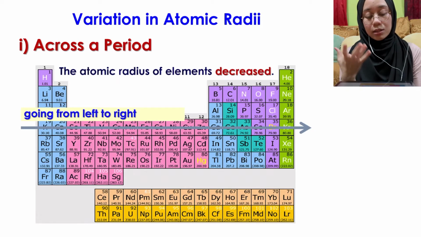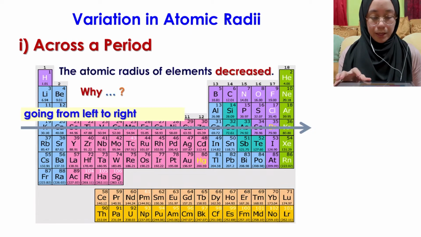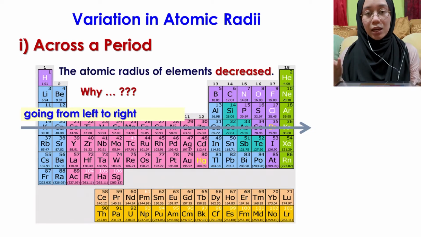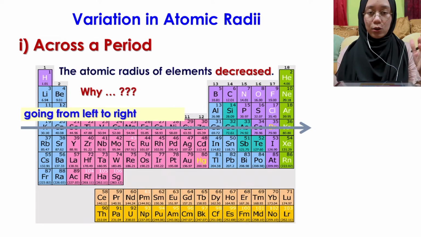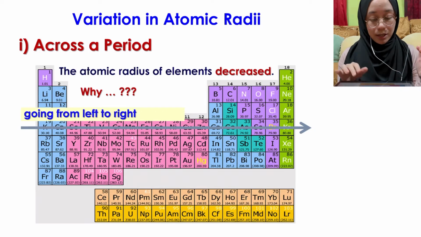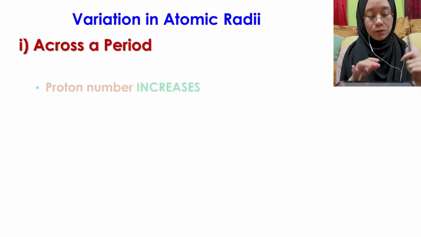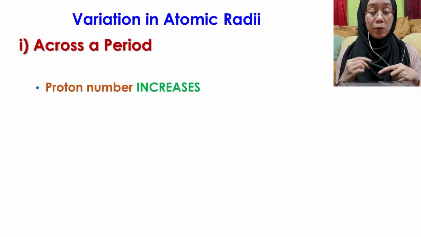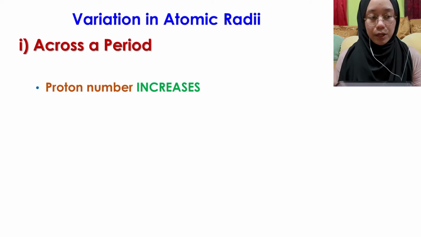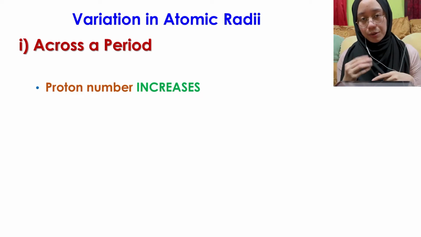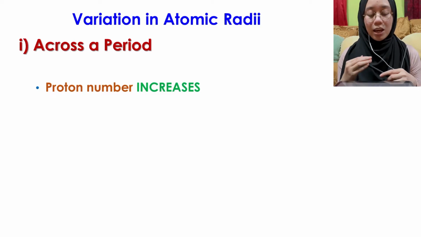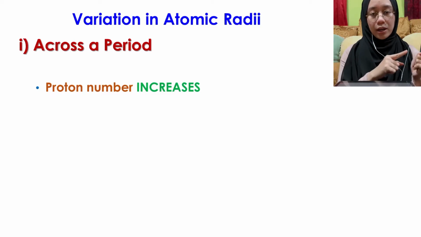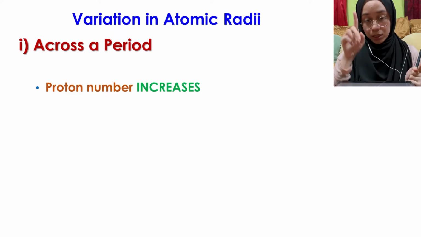So why exactly the size becomes smaller here? Which particular factor affects the size bila kita tengok across period? Across a period, what happened is proton number increases. By now you should know that the elements in the periodic table are arranged in increasing order of proton number kan. So as we go from left to right, the proton number increases.